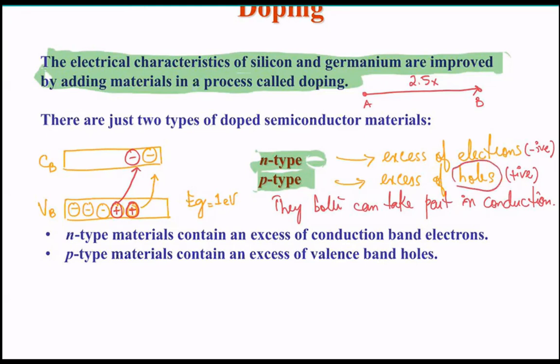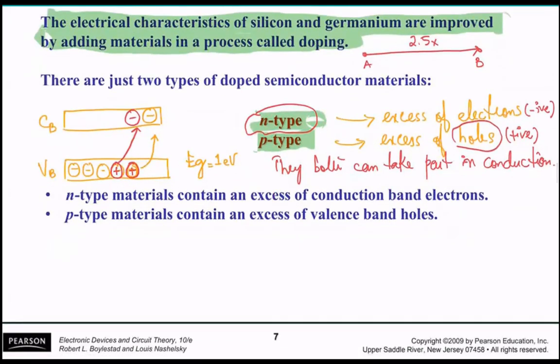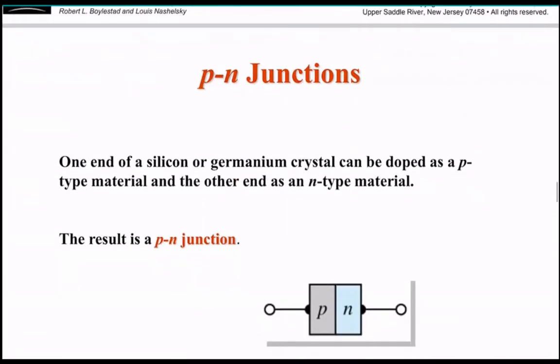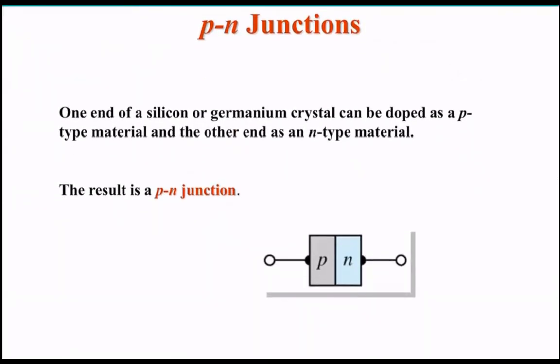So N-type materials are very popular and in high demand, because they have the higher mobility. Okay, so N-type material contains an excess of conduction band electrons. I just told you guys that. And P-type material contains an excess of the valence band holes.